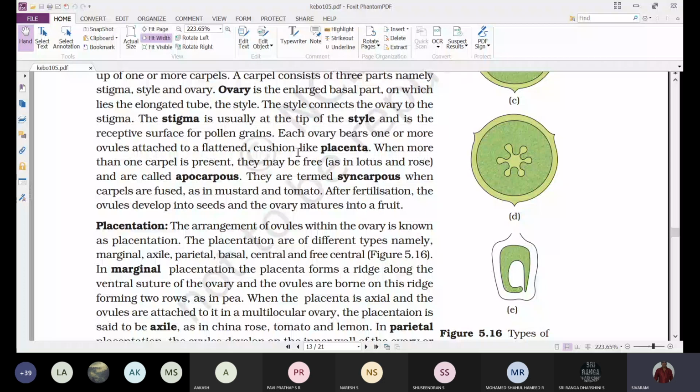That is what we can observe with reference to the structure of a gynoecium. Does anybody have any doubt up to now regarding the gynoecium?